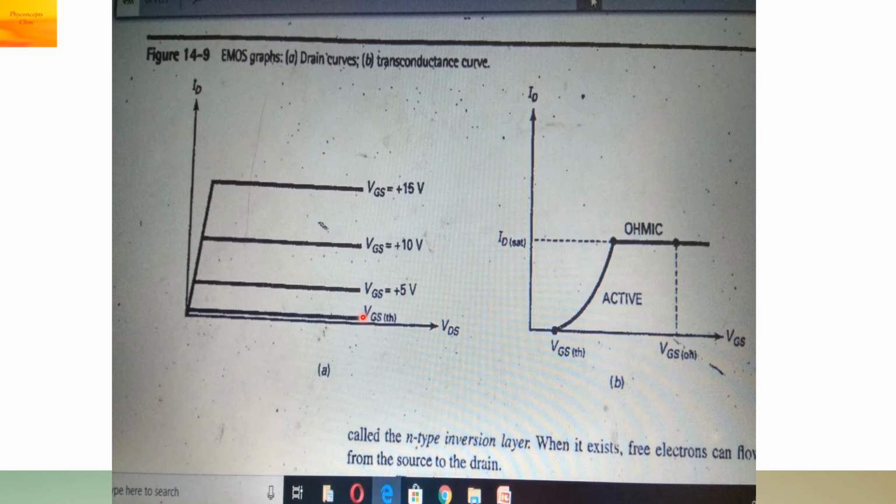Then the current starts when it crosses VGS-TH, and the VGS will always be positive in the case of an enhancement mode MOSFET. The same can be seen from this transconductance curve, that is ID versus VGS. The current ID starts from a voltage VGS-TH.